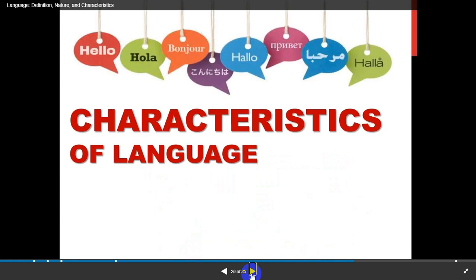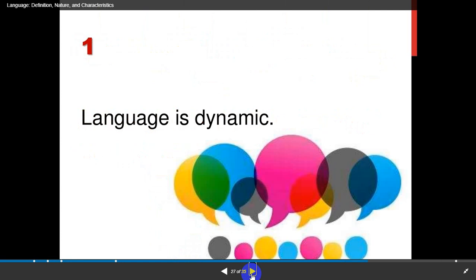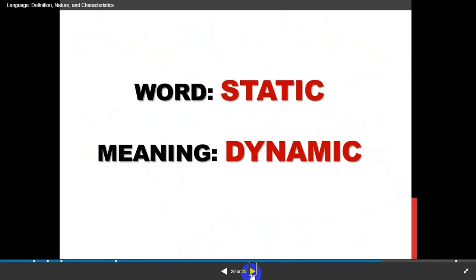So right now we come to the characteristics of language. Language is dynamic. The word static means the opposite of dynamic.